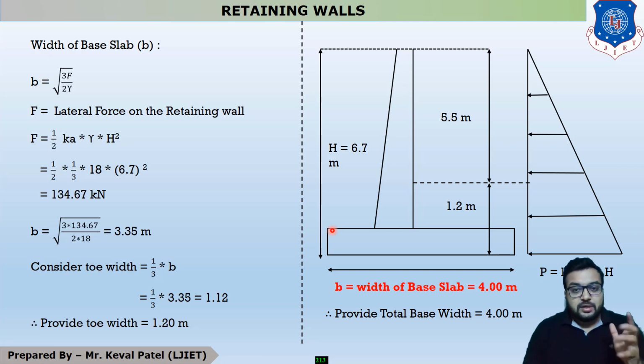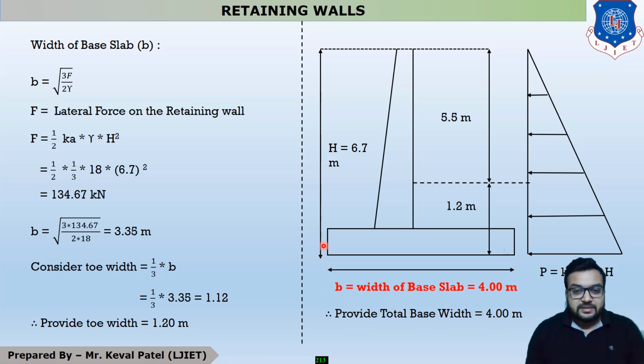Okay, so if your width of toe slab is 1.2, then you have to provide your width of base slab minimum 3.6. 1.2 into 3 is equal to 3.6. So for factor of safety, we have to provide the larger value, which is 4 meter. Okay, so you can see that the total base width provided is equal to 4 meter.